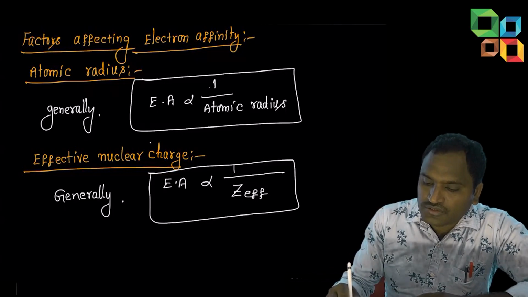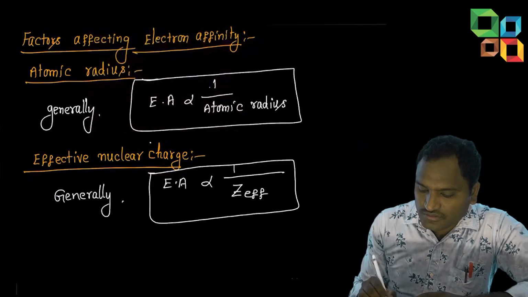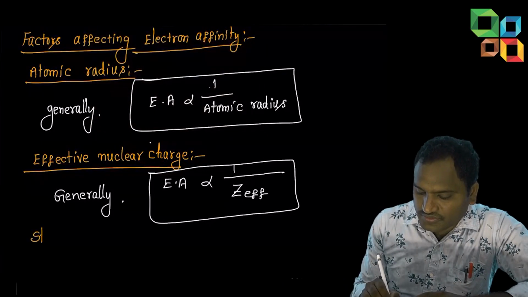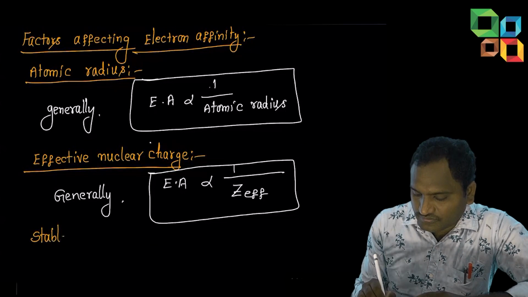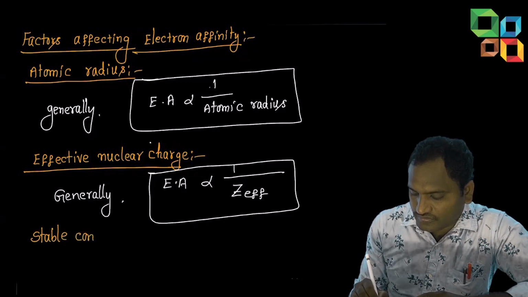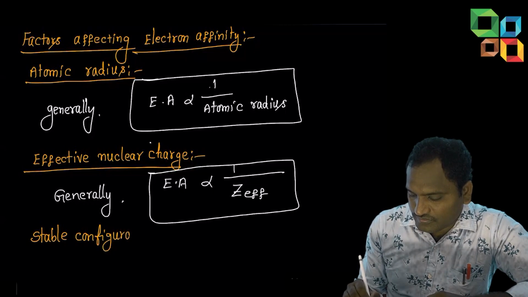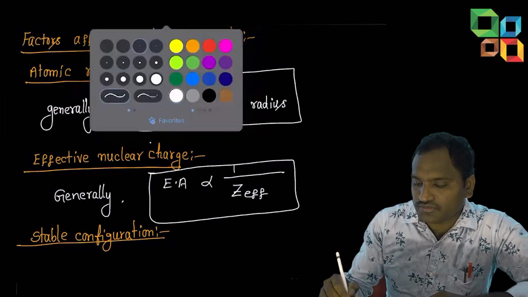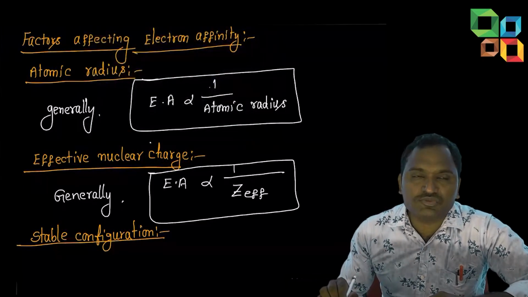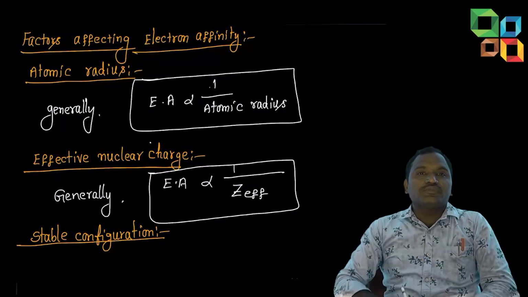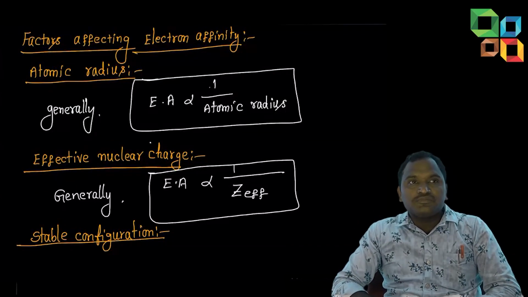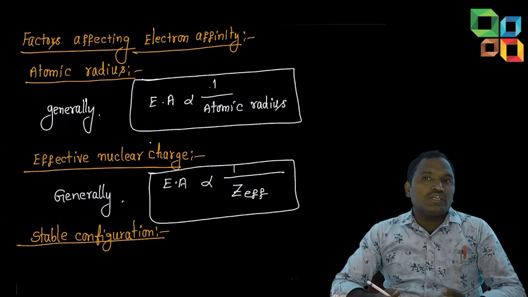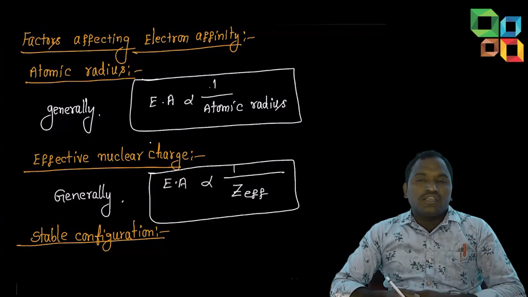Next one, stable configuration. You see, students, elements which have a stable configuration are not ready to lose electrons, and not ready to gain electrons.